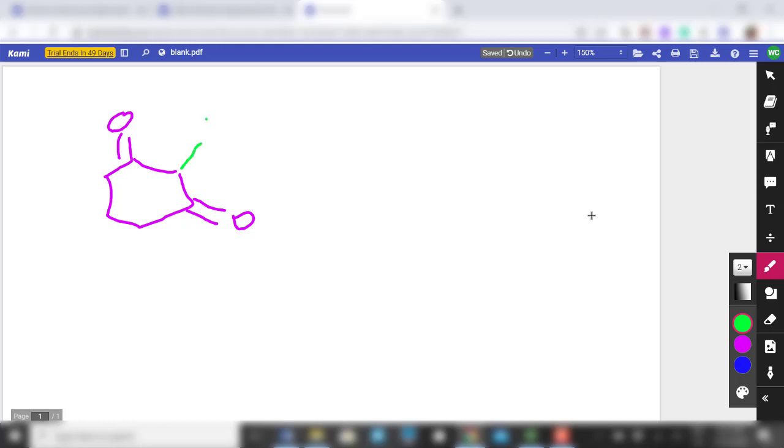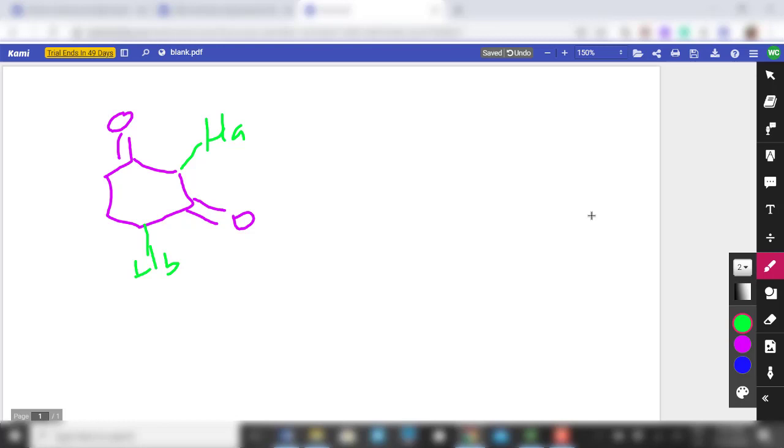So we have HA here and HB here. Obviously HA is more acidic than HB. Why is that the case? Because it is flanked by 2 highly electron withdrawing carbonyl groups. The electron withdrawing carbonyl groups will stabilize the conjugate base being formed via resonance.